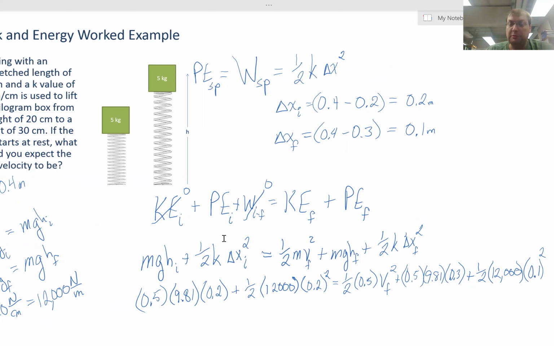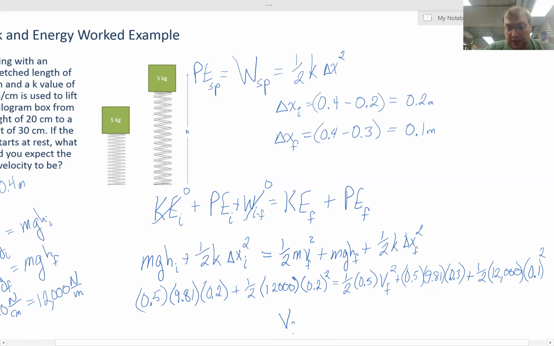As a result, we can combine similar terms, subtracting over the 1/2 times 12,000 times 0.1 squared, as well as the 0.5 times 9.81 times 0.3. Bring that to the left-hand side, and because we have two 1/2s, we essentially have 1/4 times v final squared. So we multiply the left side by 4 and take the square root.